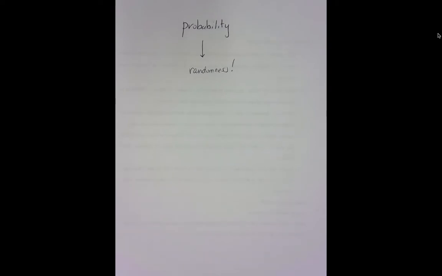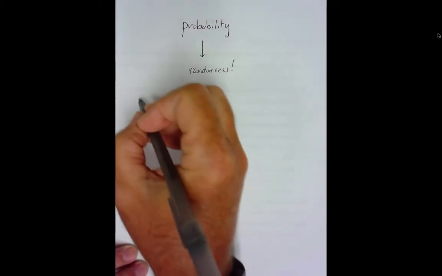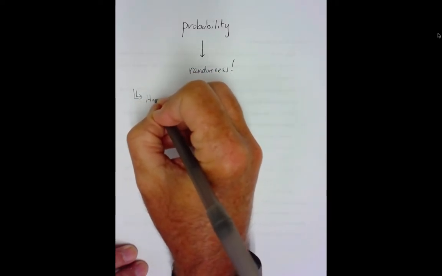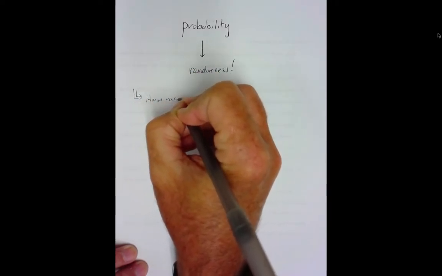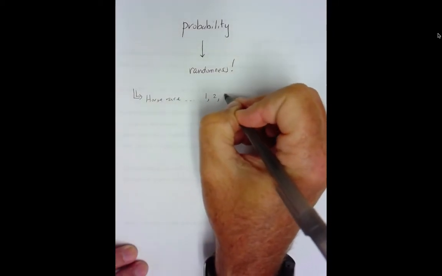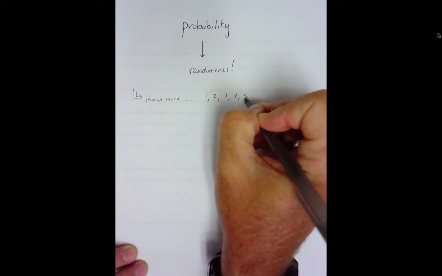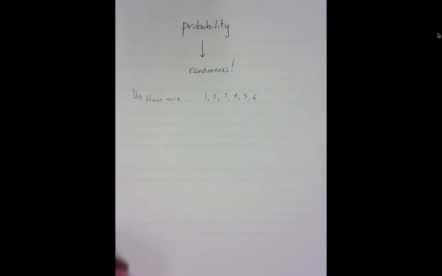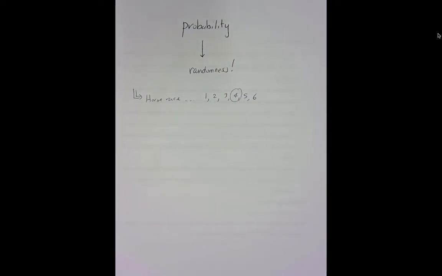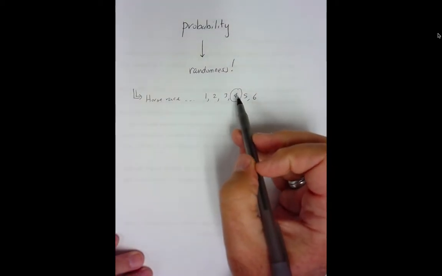So a lot of times people misuse probability. For example, they go to a horse race. And let's say there are 6 horses running in the race. And they say, okay, what's the probability that the 4th horse wins? Well, guys, probability isn't appropriate.